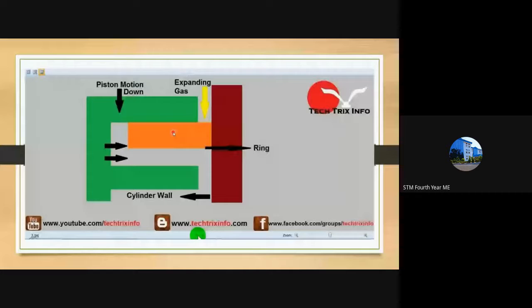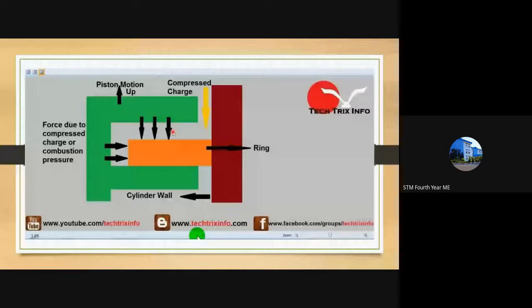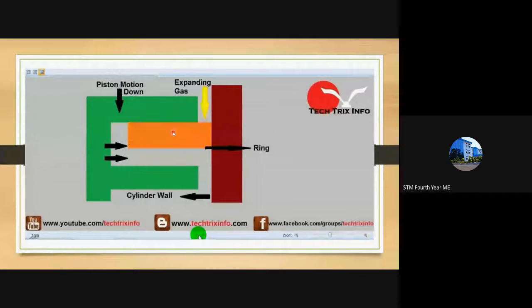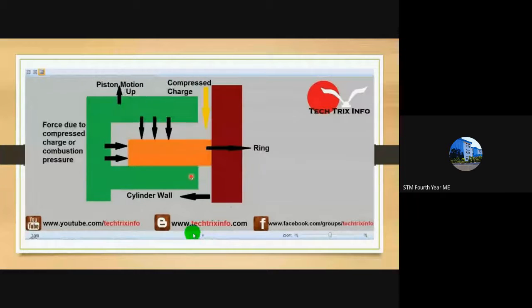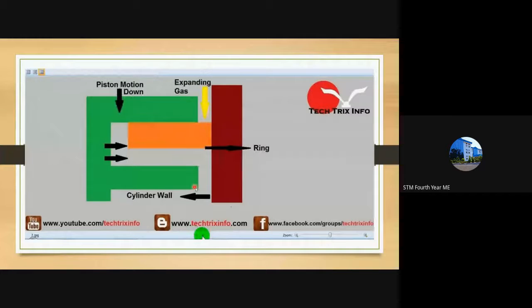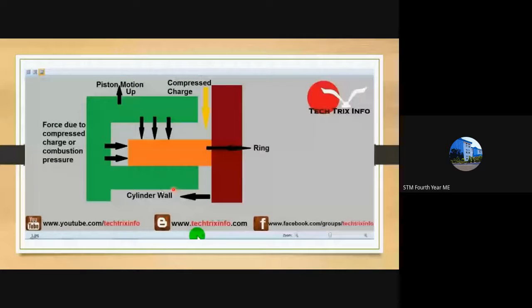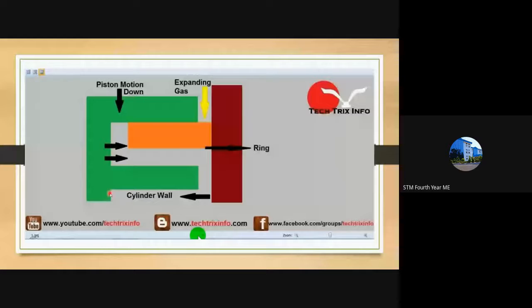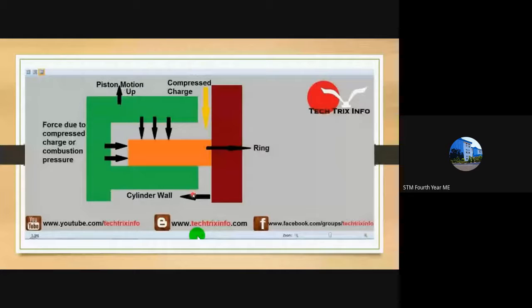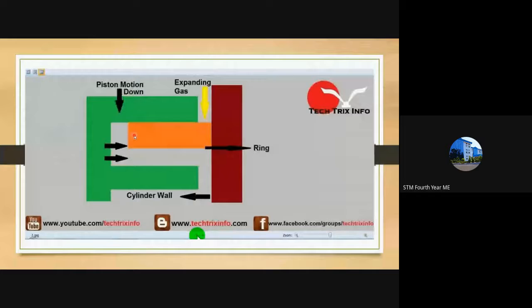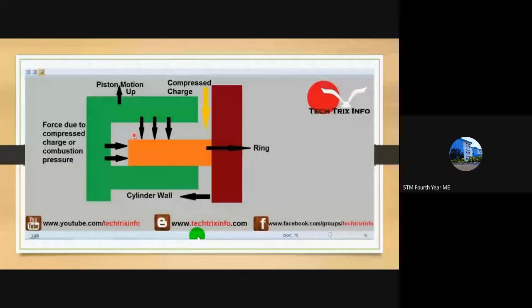When we assemble, the ring is not tightly fixed inside the piston groove. This is the piston groove. Such a groove is also shown below; only a half portion is shown. Inside the groove, the piston ring is loosely packed. It is not tightly packed, so due to that, the piston rings move in this motion.